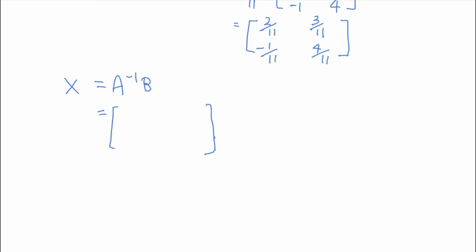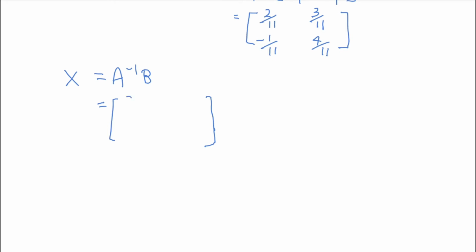Since x is equal to A inverse multiplied by B, for A inverse we use the one that you got before already: 2 over 11, 3 over 11, negative 1 over 11 and 4 over 11.